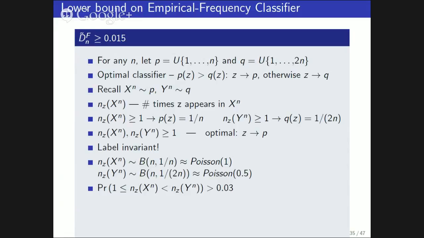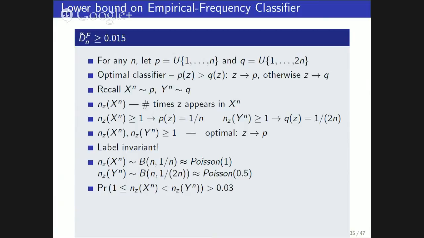So in other words, here, what we should be doing is we should look at z. If it appeared in both of them, we should assign to the smaller distribution. But if we look at empirical frequency, then we'll see which one appeared more, and there's some chance that this decision will be reversed. This happens with probability 0.03. So your additional error will be at least 0.015.